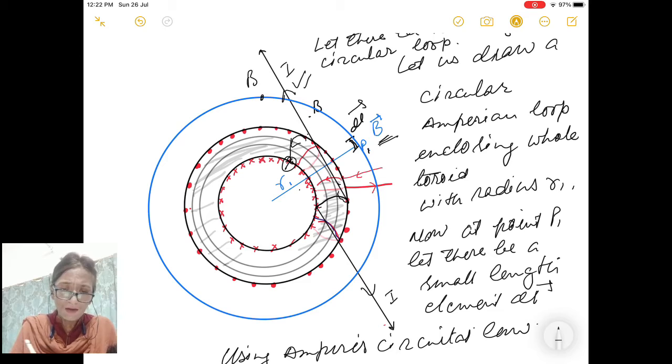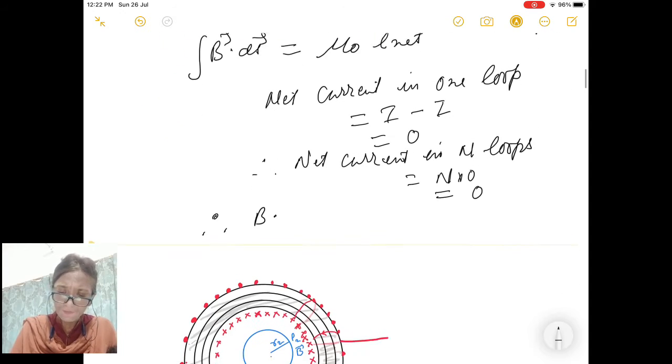So B will be constant everywhere on the circumference of the circle, which is at equidistance from the wires. So B is a constant.